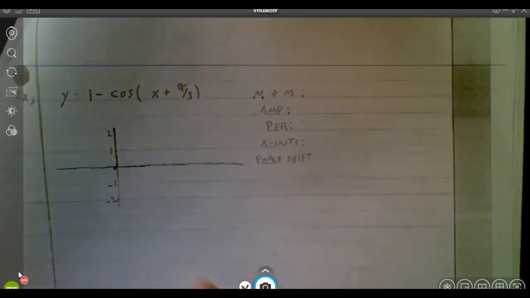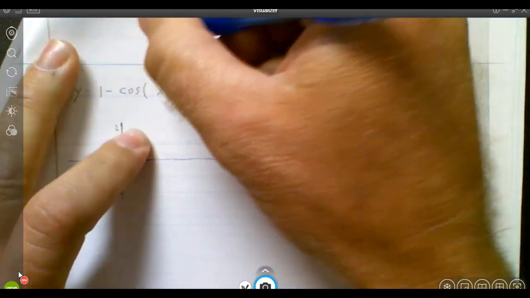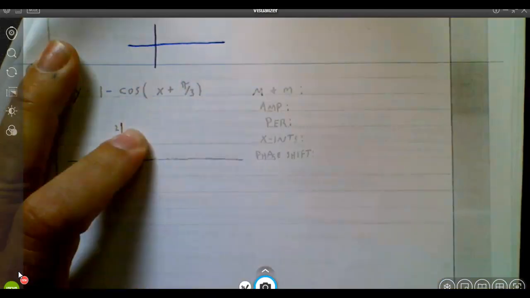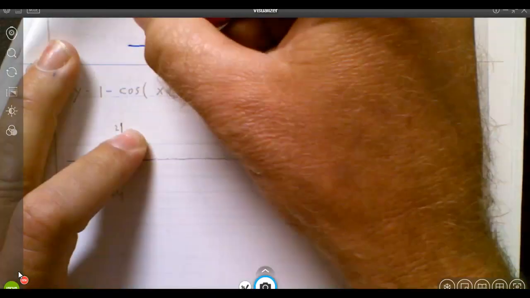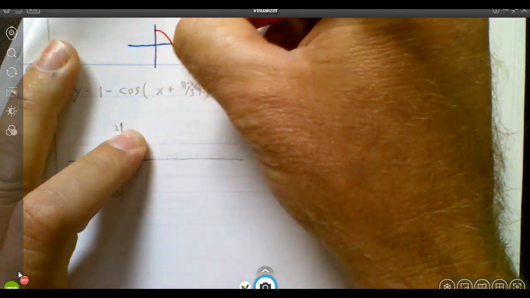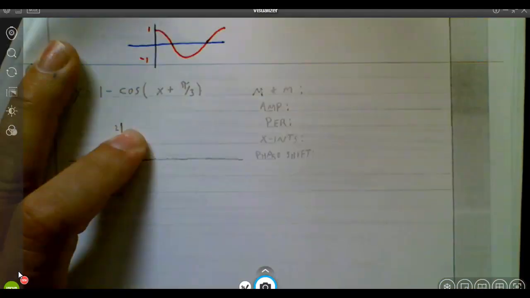So again, I have my basic cosine function. And let's just keep in mind what the parent function looks like for this, right? So there's our parent function. Typically goes from 1 to -1. And so we'll be kind of working with that.